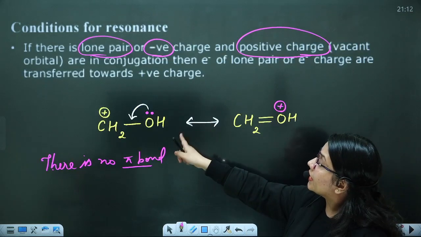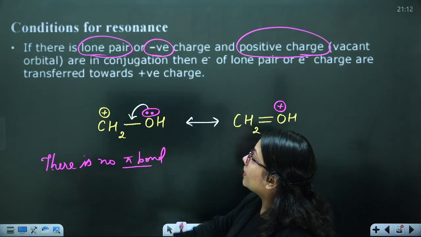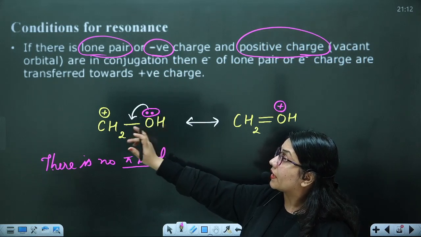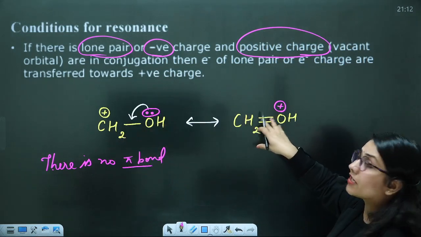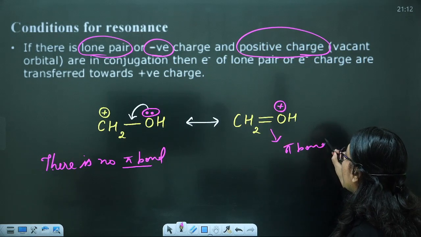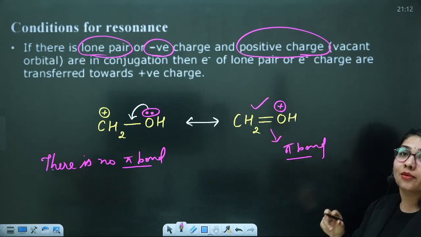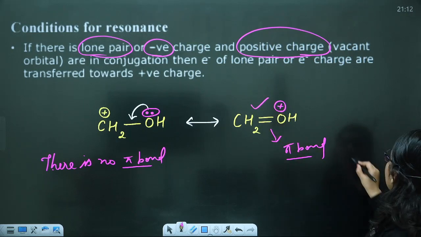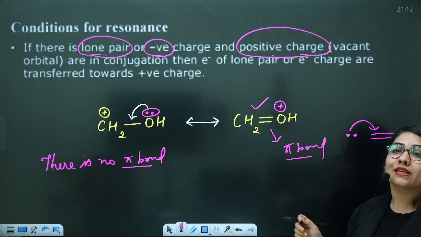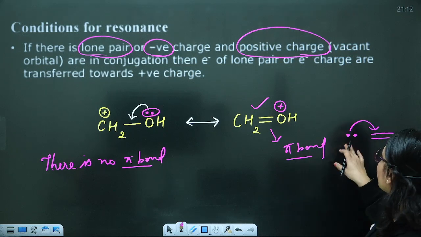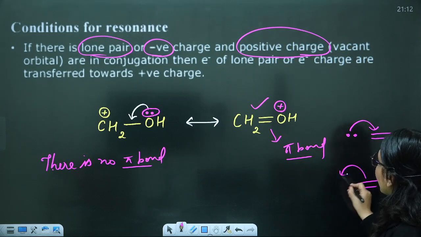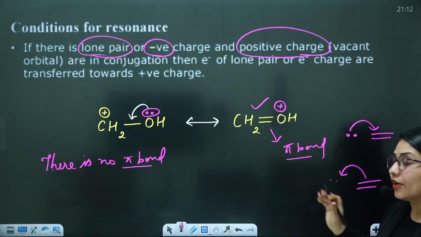See here, the electrons are going from this lone pair towards the positive charge, and here we had a lone pair and positive charge, and in the other resonance structure, automatically we are able to see the pi bond. And how are we able to see it? Because of the resonance. Okay, so in resonance, a lone pair can convert to a pi bond, since a single bond is present there, and because of these electrons, the double bond is formed. And whenever a double bond is moving, it will move as a pair of electrons.